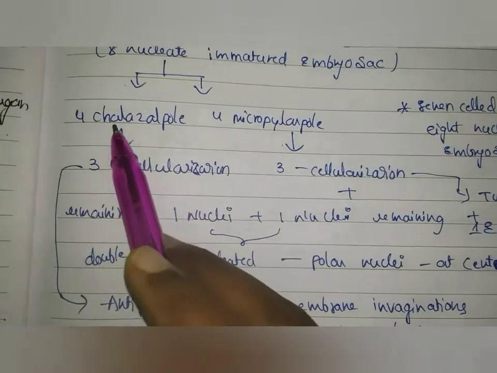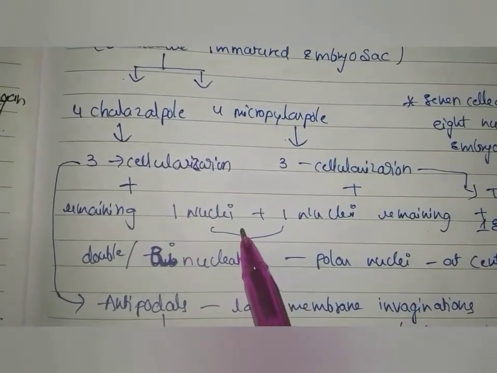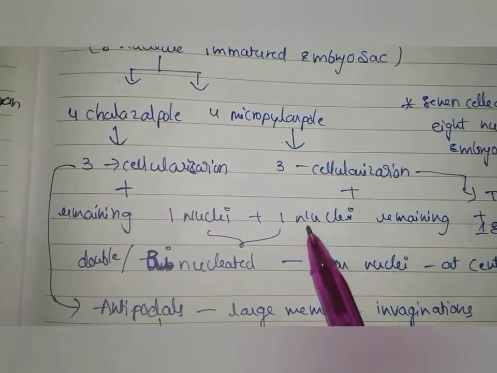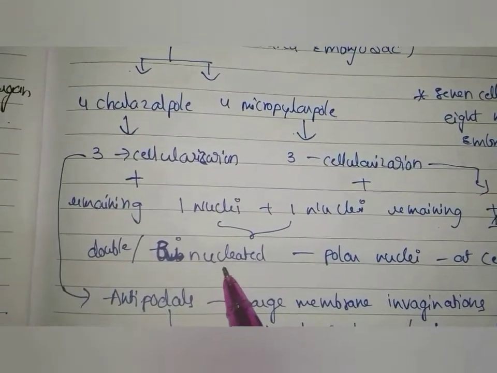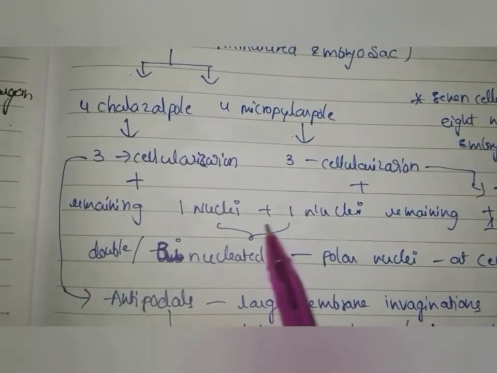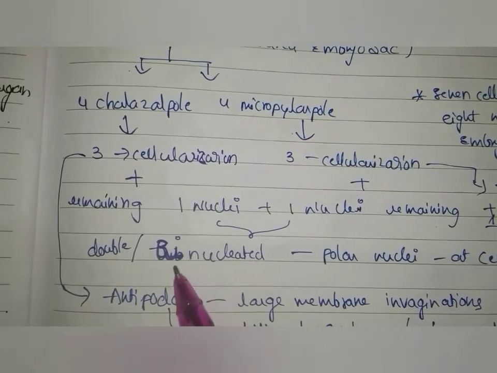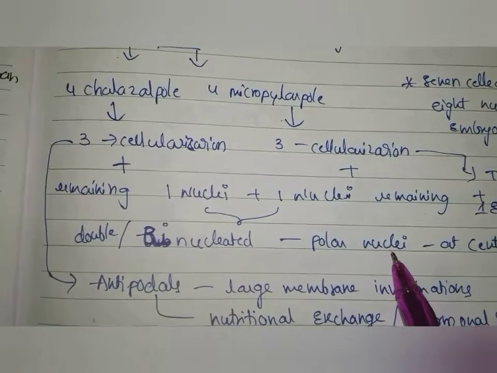The remaining one nucleus out of the four chalazal nuclei, and one nucleus in the micropylar side, migrate towards the center of the embryo sac. These two nuclei fuse to form a binucleate, or double-nucleated, polar nuclei.